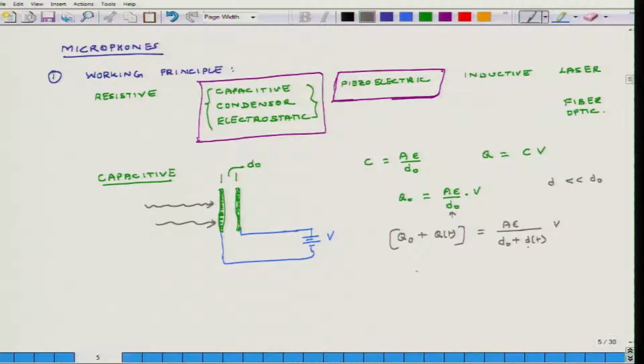So qt, and because this change is very small, so is qt. It is also very small. So this is equal to A epsilon V times (1 over d naught plus dt minus 1 over d naught).